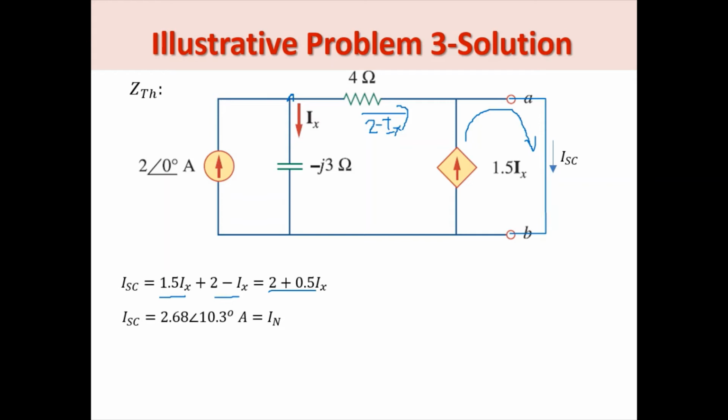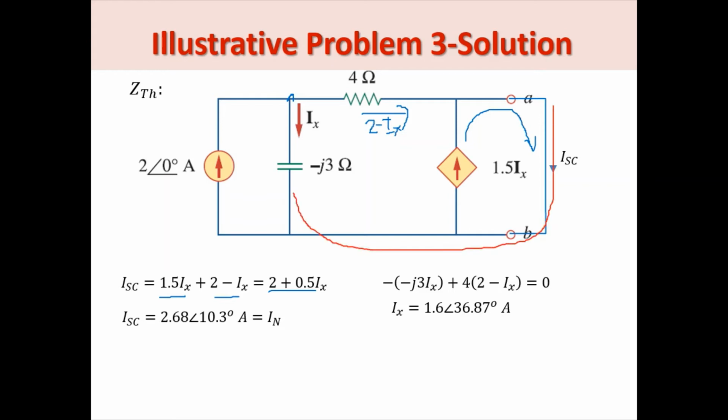So I sub SC depends on I sub X, and we need to know what I sub X is. We can compute I sub X by applying KVL around this loop.